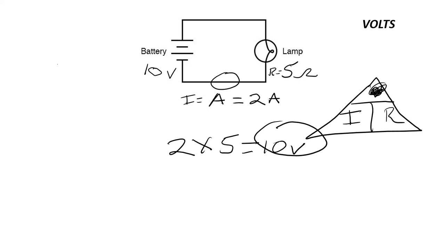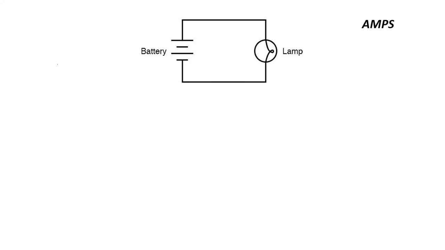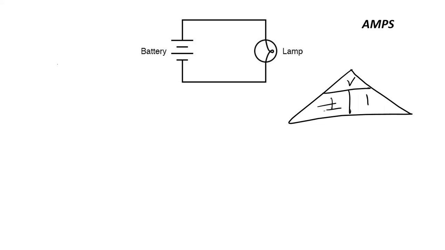All right, let's check out this next one. Next one is amps, okay? So I'm going to draw my triangle. Like I said, I recommend you draw your triangle all the time. Oops, that's awful. All right.